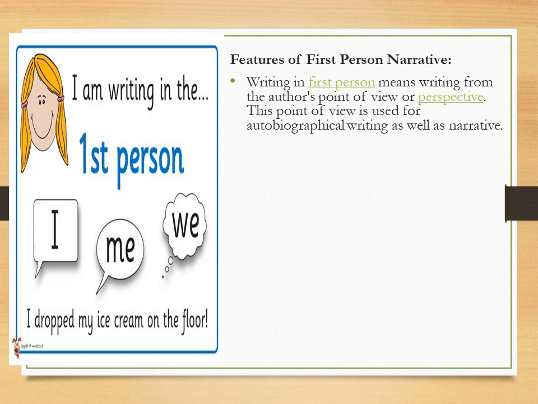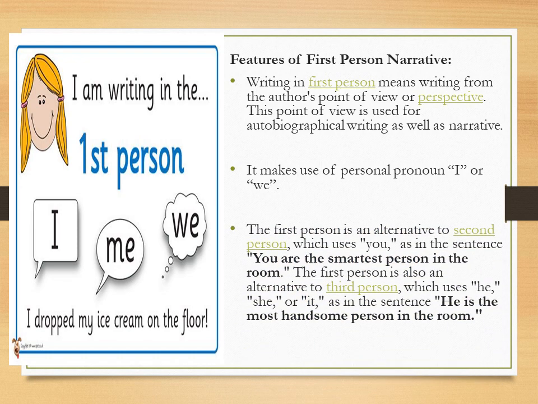It's similar to autobiographical writing because an autobiography has the same feature as first person narrative. An autobiography is the story of the writer, written by the writer, and it makes use of first person pronouns I and we. So we've said that it makes use of the personal pronoun I or we.